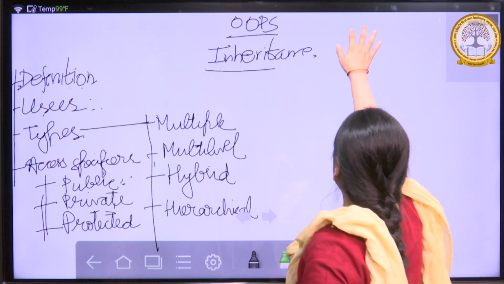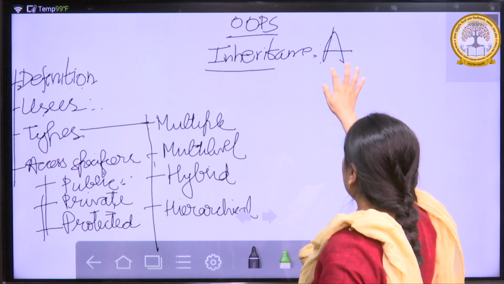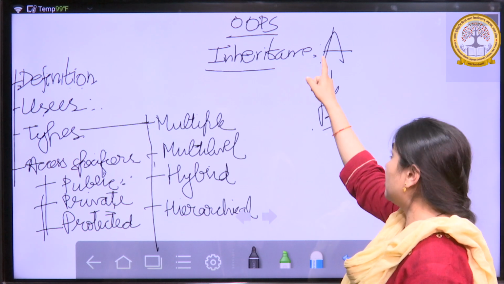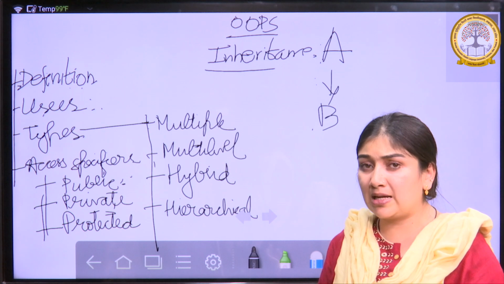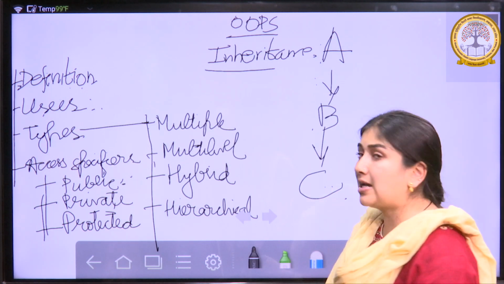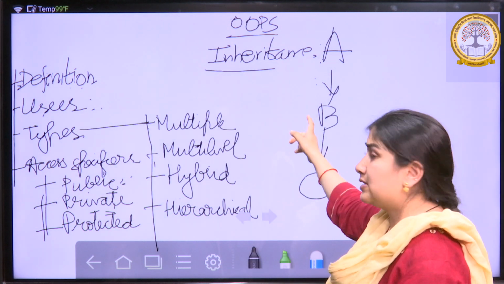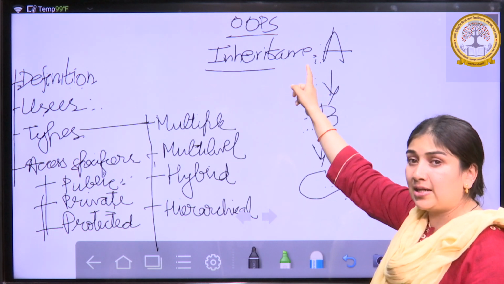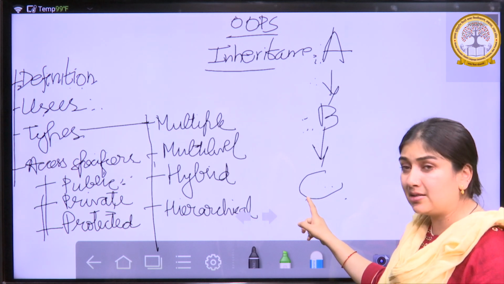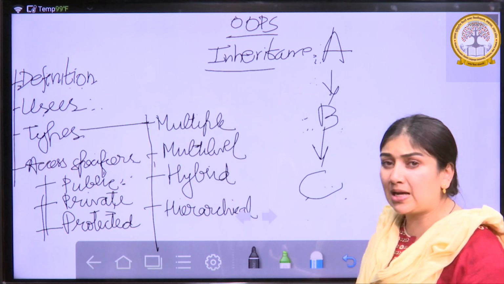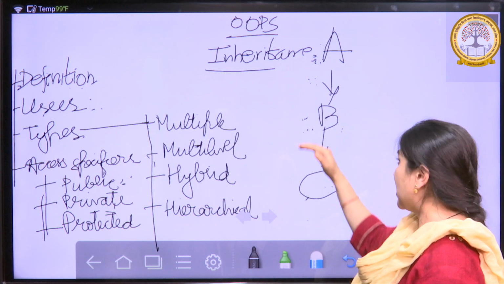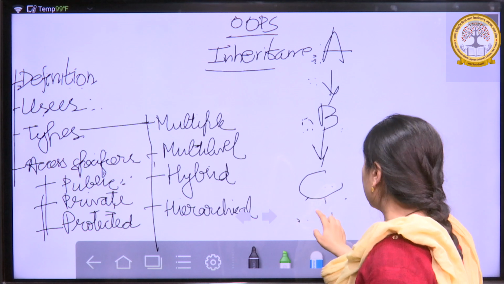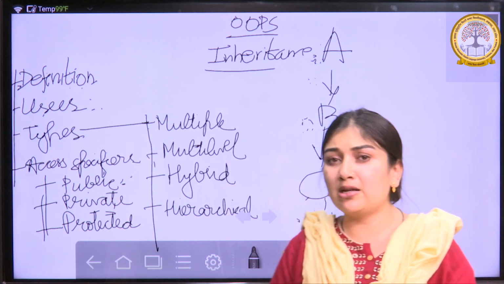Suppose there is a class A and its child class B. Now this child class can inherit the properties of its parent class or the superclass, and then in turn another class C can inherit the properties of class B. Now this class B is a child class to class A and has become a parent class to class C. So class B is acting as a subclass for the parent class or superclass A and is a parent class to the child class C. This is termed multi-level inheritance, and the process can go up to n number of levels.